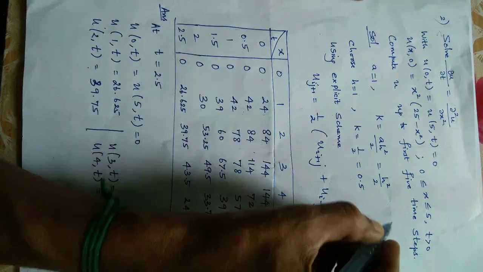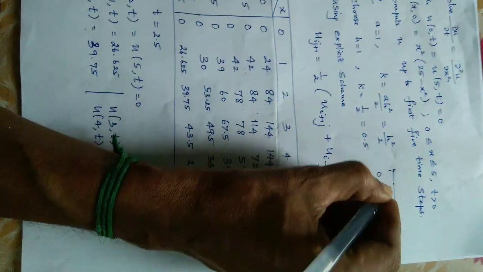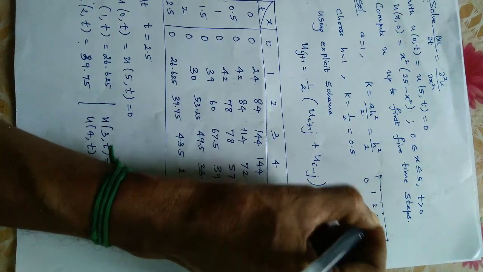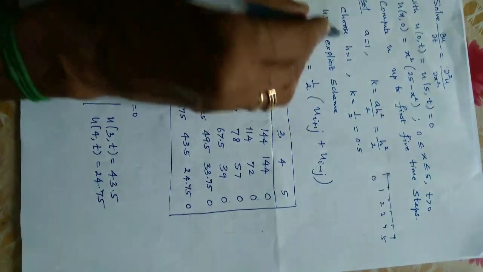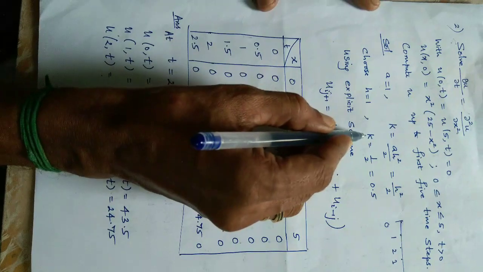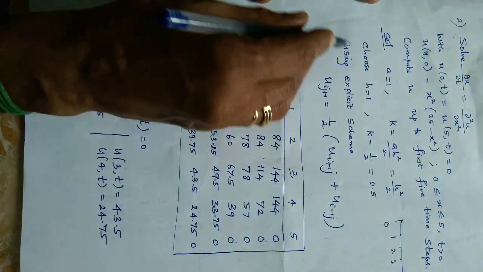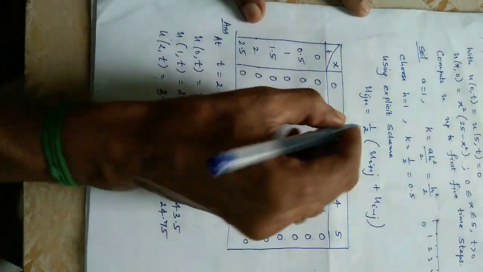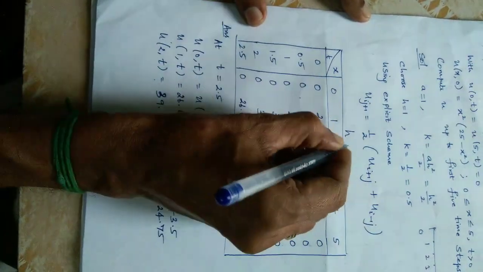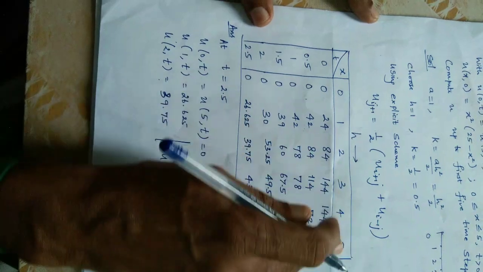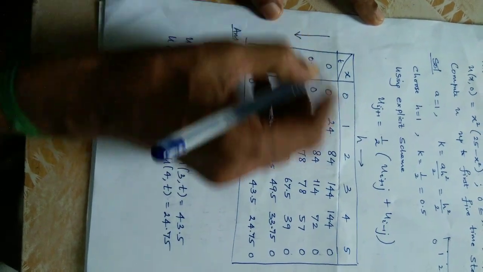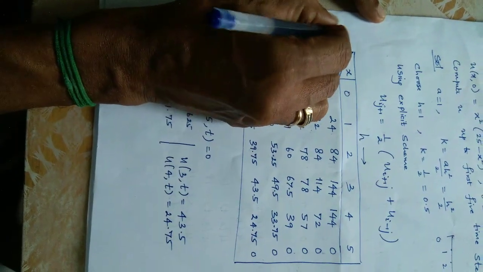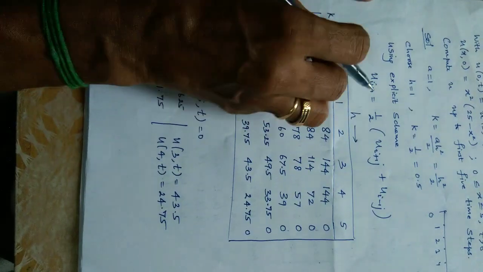Since the material length is 5, from 0 to 5, I'm going to take a step size of 1, so 1, 2, 3, 4. So the step size is 1, therefore k equal to 1 by 2, that is 0.5. Now we'll go by the explicit scheme, the Bender-Schmidt scheme. You know the step size: 0, 1, 2, 3, 4, 5. Time step 0.5. This is k and this is h.